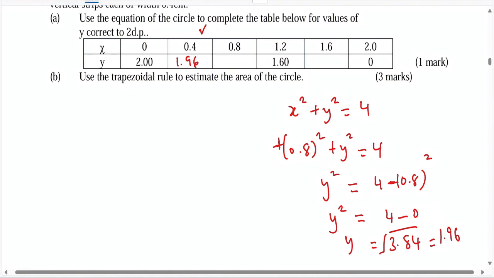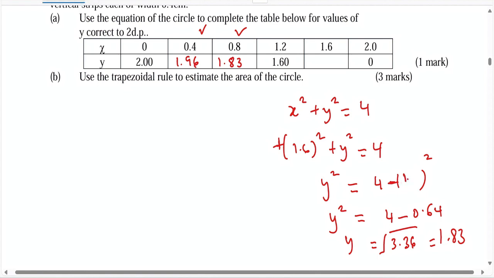If you subtract 0.64 from 4, how much do you get? So 4 minus 0.64 gives 3.36, and the square root of 3.36 gives me 1.83. So the second one is 1.83, to 2 decimal places. Let's finish with 1.6 now. So just change this to 1.6, and here obviously it will be 1.6.